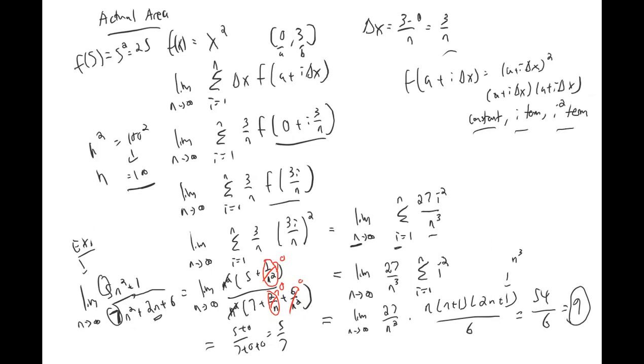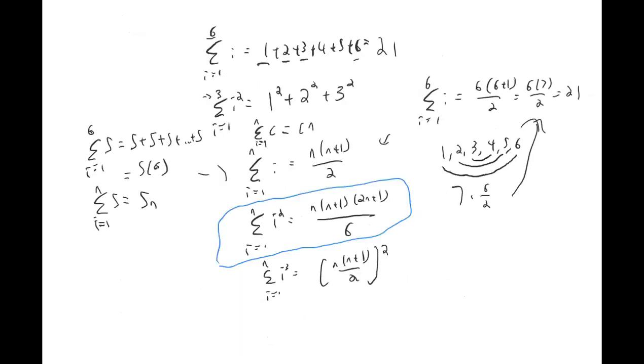So the constant term and the i term, you can sort of see what's happening. Constant term, you would use this, take the limit. The i term, you would use this, take the limit. And then i squared, you would use the one in blue. So in general, if you had a degree 2 thing, like x squared, you would use up to i squared.